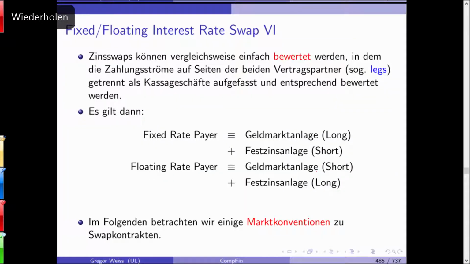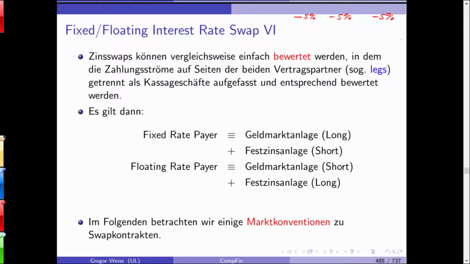Okay. I told you that you need to price both legs individually, and it's quite simple to actually price those legs. Now, let's assume we are paying 5%, minus 5%, minus 5%, and we have to come up with an arbitrage-free price of such a leg of the swap contract.